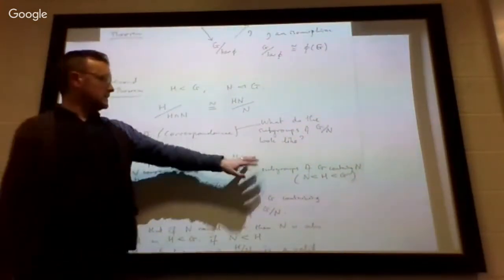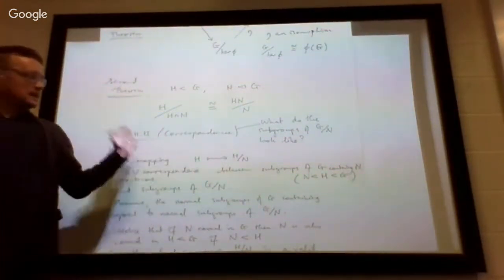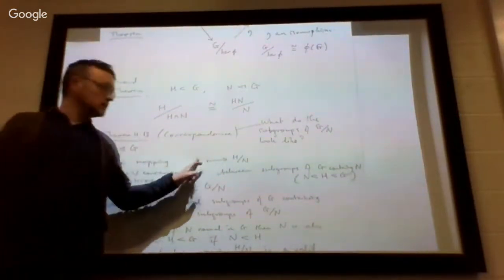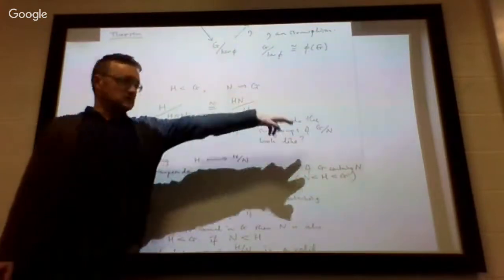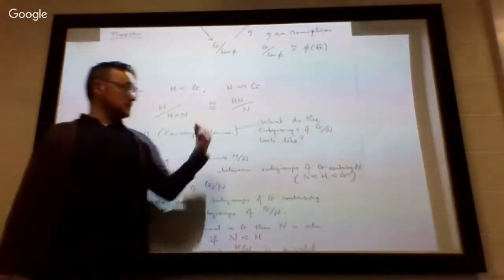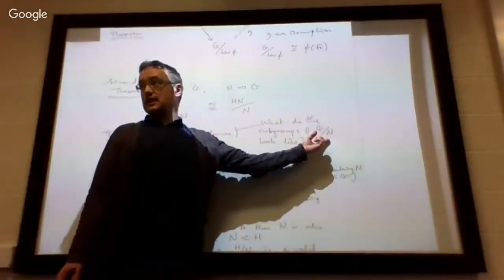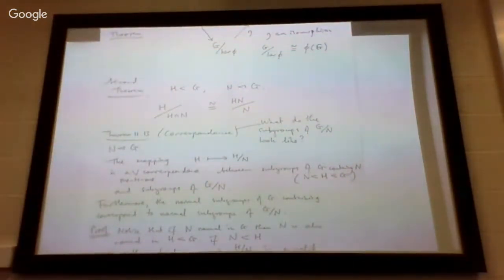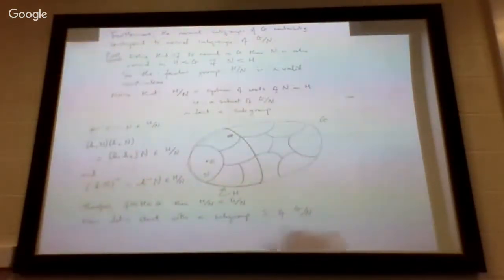Subgroups of G mod N and subgroups of G containing N are in this correspondence. We've just proved that if you start with a subgroup here, you get a subgroup of G mod N. Now we're going to say, what if we start with a subgroup of G mod N? Essentially try and pull it back. Use the right action. So you literally pull it back.